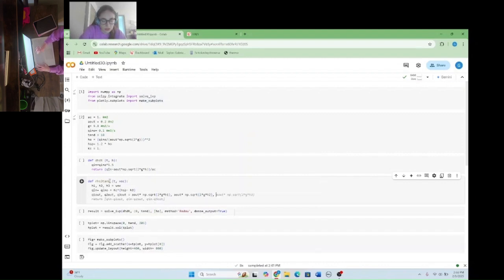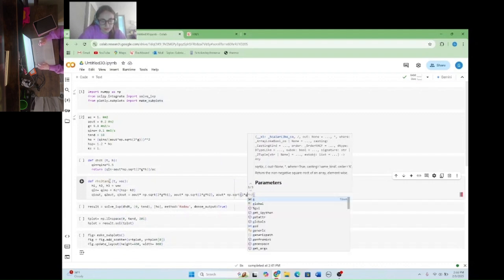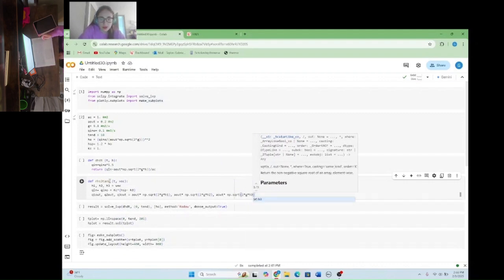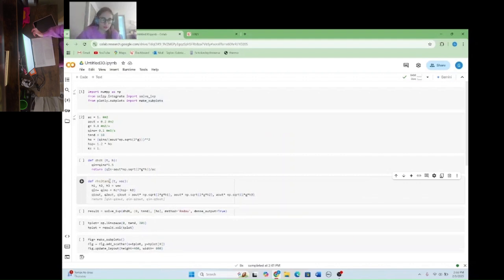And then we're going to do A out again. Okay, so this is going to be our equation for all of the leaving flows at each tank.